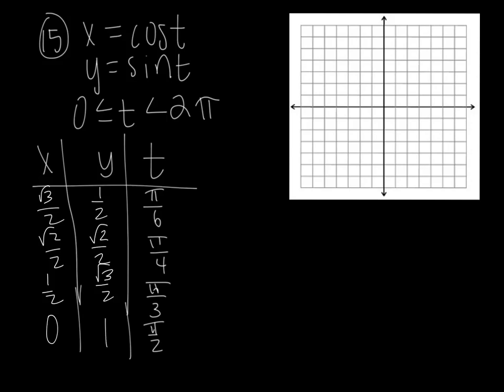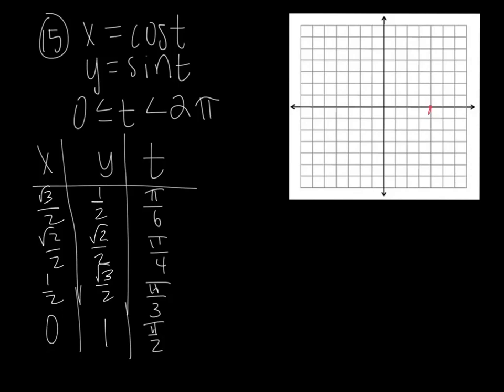So you just plot those points right quick. Root 3 over 2 is approximately 0.866, and root 2 over 2 is approximately 0.707. So, I mean, you can basically figure out where they go. Let's call this 1 right here, just so I have a little more increments.